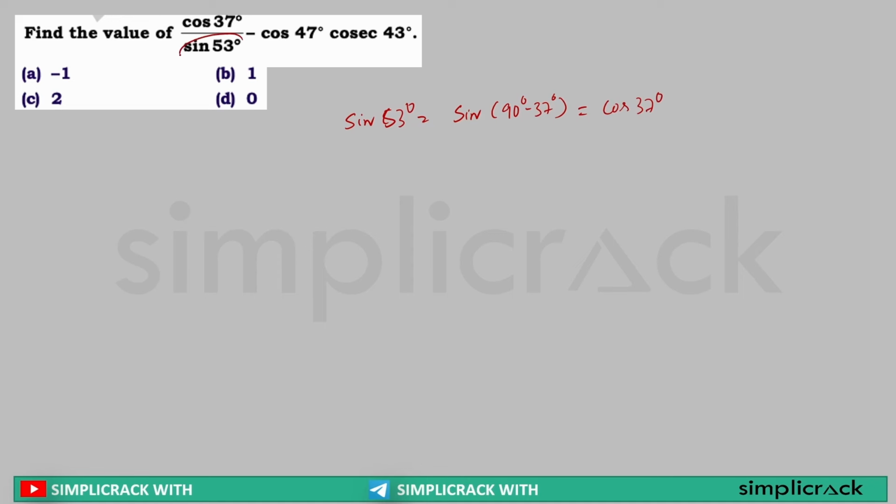So in place of sine 53 degree, what can be written? Cos 37 degree. Now cos 37 degree is crossed out. What is remaining? 1. Sir, cos and cosec 47 degree plus 43 degree is equal to 90 degree. So cos alpha, cosec beta, alpha plus beta complementary, so this multiplication will be 1. Here it is 1. So 1 minus 1 is equal to 0.